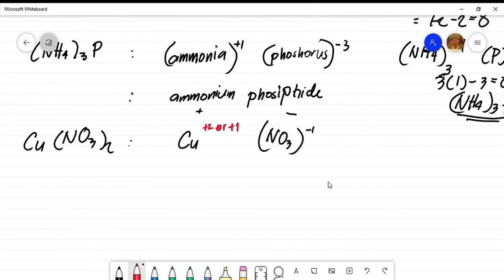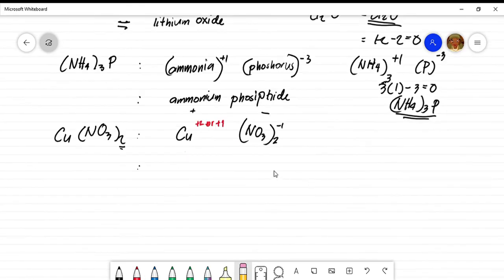Okay? So what we're going to do here is use the +2 charge to balance it out. So we have Cu with a +2 superscript as the cation, and nitrate NO3 with -1.